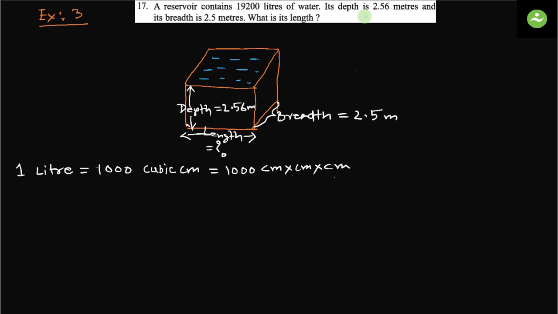Now we are given the units in meters for length and breadth, so we have to convert the volume into cubic meters so that we can do the calculation easily. So we know the chart: milli, centi, deci, meter, deca, hecto, kilo.